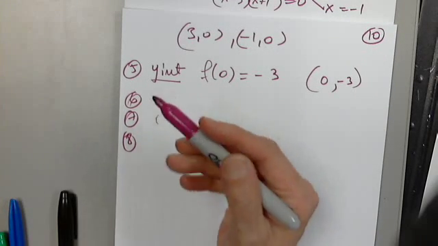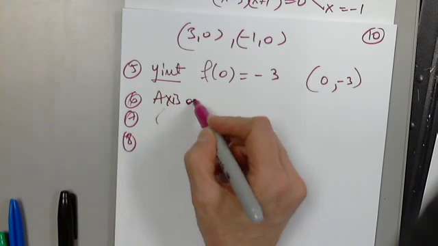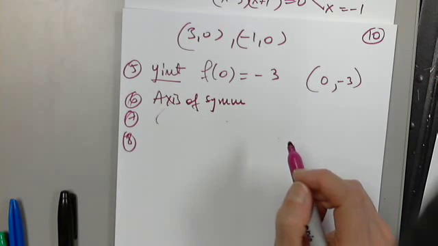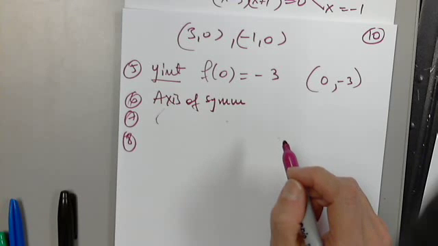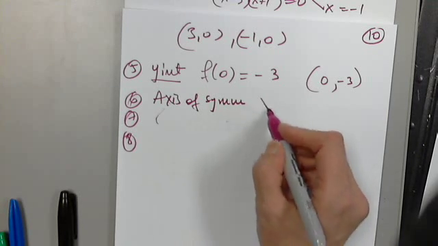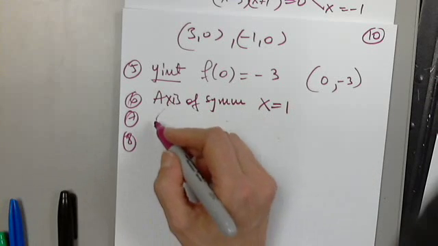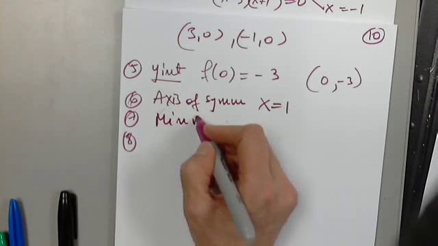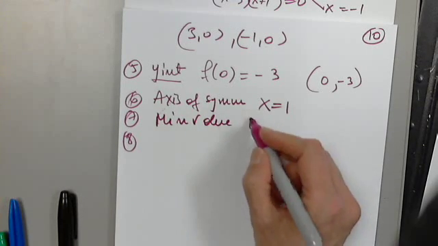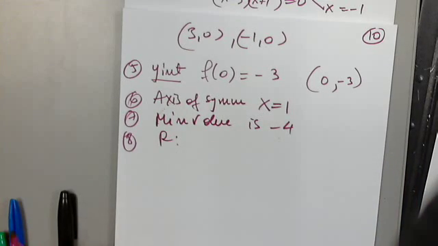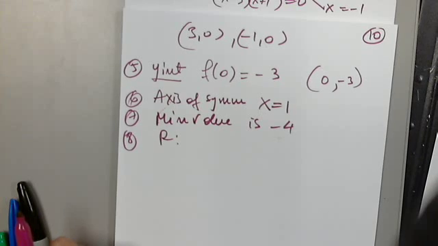Axis of symmetry, please. Very good. x equals 1. Perfect. Minimum or maximum? Minimum. Very good. Minimum value of this function is perfect. Range now, although we haven't even graphed it, and we know the range.